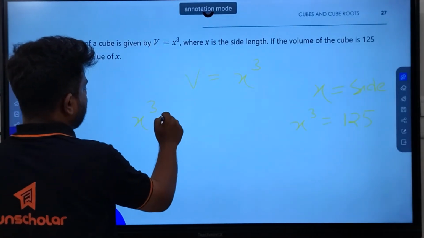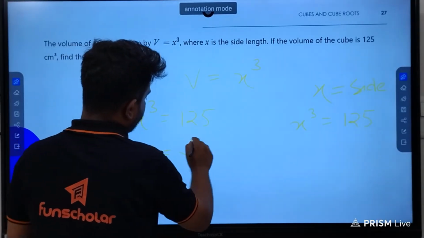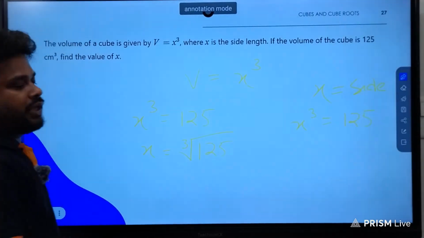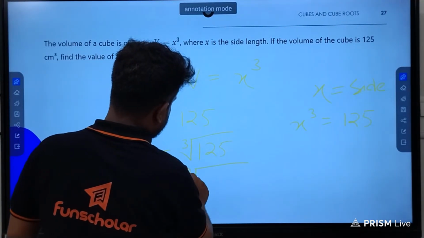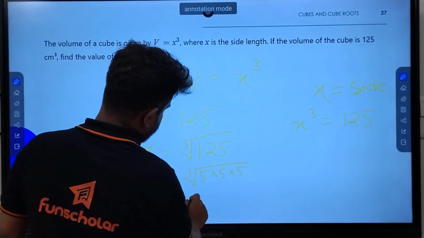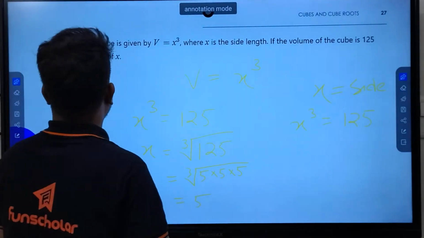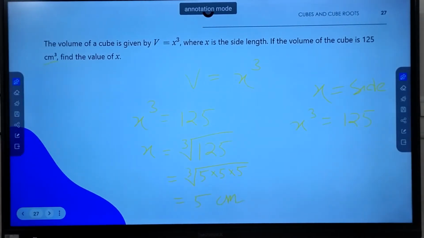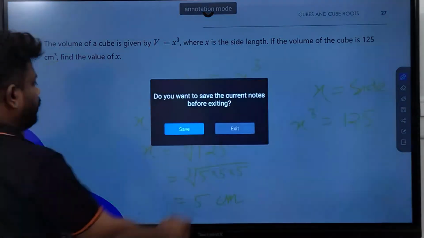If x cube is 125, then the value of x will be the cube root of 125. Done this much. And cm, because cm is the unit of the side, so it will be the answer.